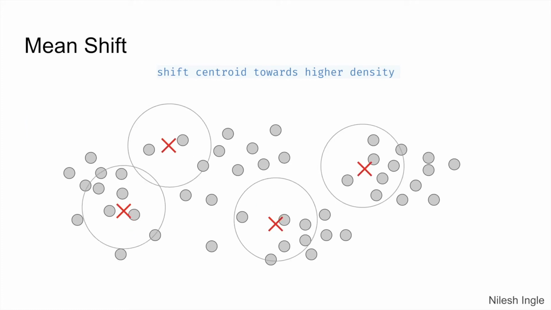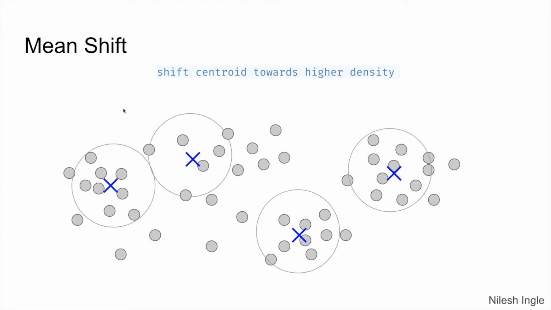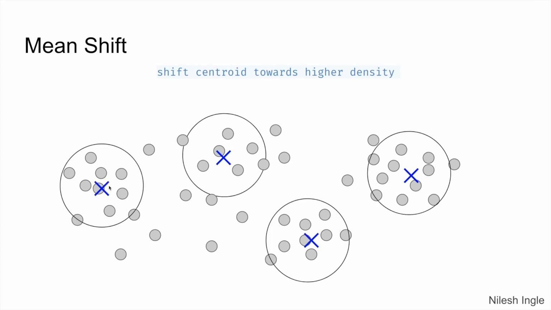So as we move through the data, finally we'll arrive at a position where this particular center does not move much because it has reached the peak or it has reached the most densest part of the cluster.